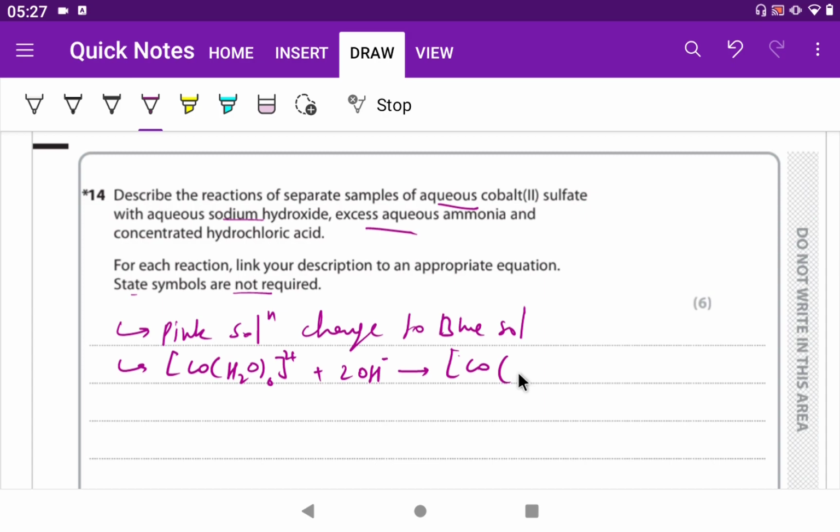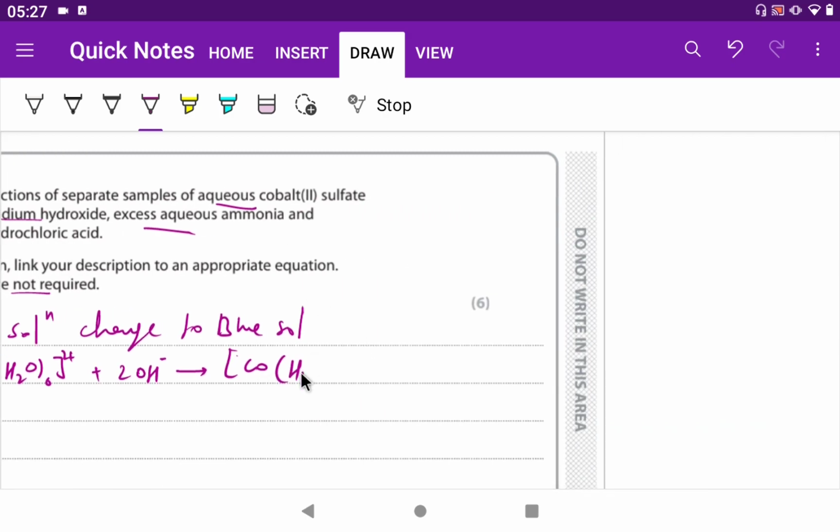So cobalt H2O4 and OH minus OH2, and the charge will nullify because plus 2 and the 2 minus will come here, so the charge will nullify, and 2 water molecules.